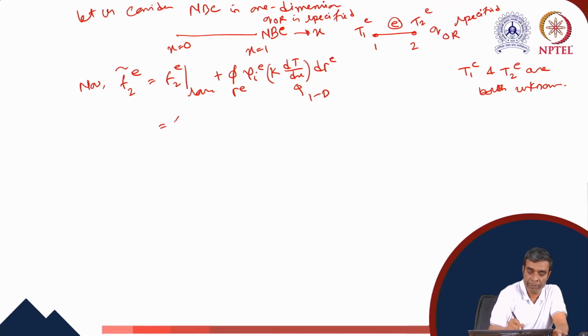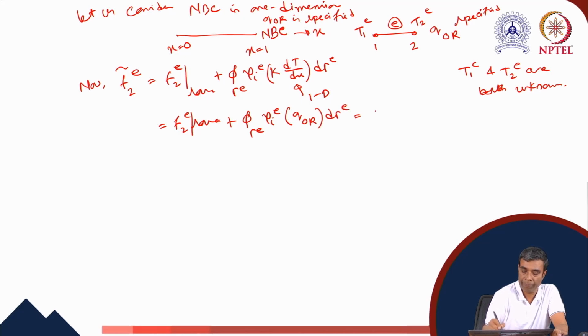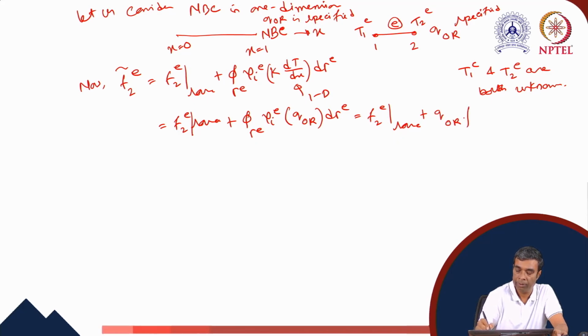So this is F2E source plus the integration over gamma E of psi IE Q0R d gamma E, which equals F2E source plus, since Q0R is a constant, Q0R times the integration over gamma E of psi IE d gamma E. Here I equals 2.